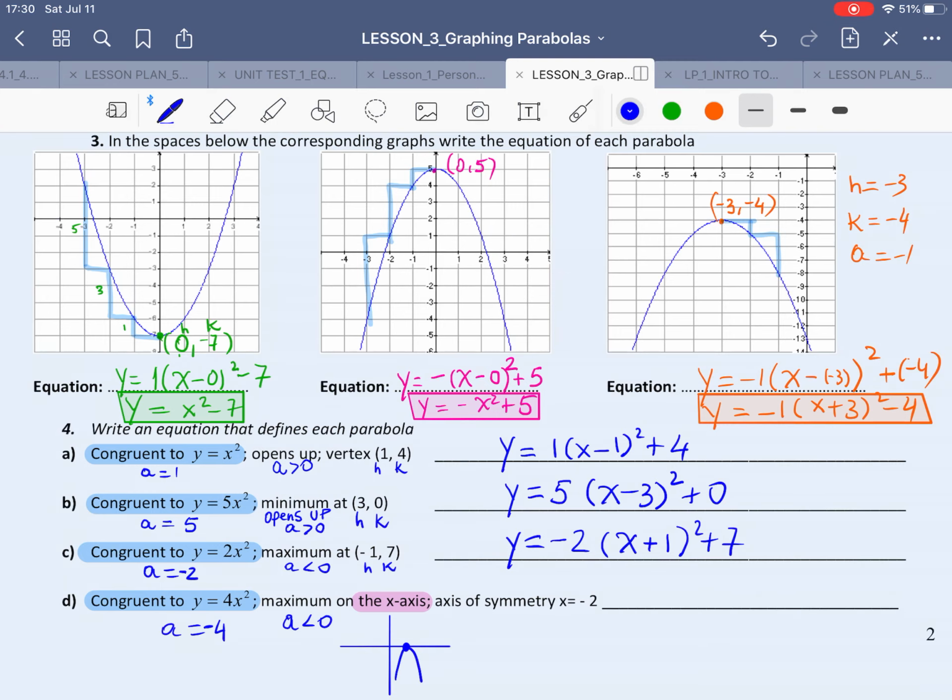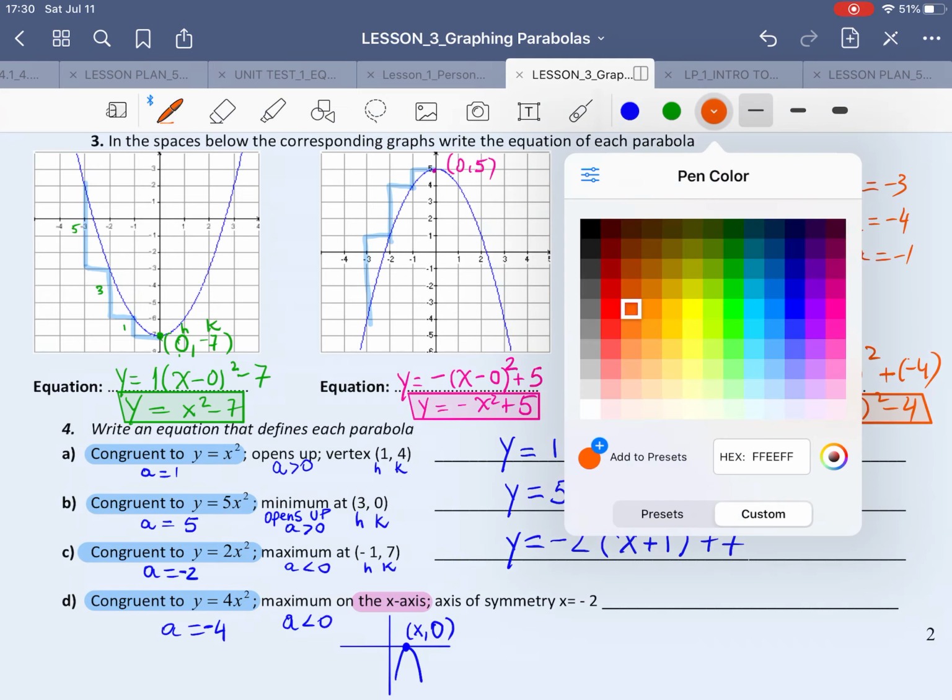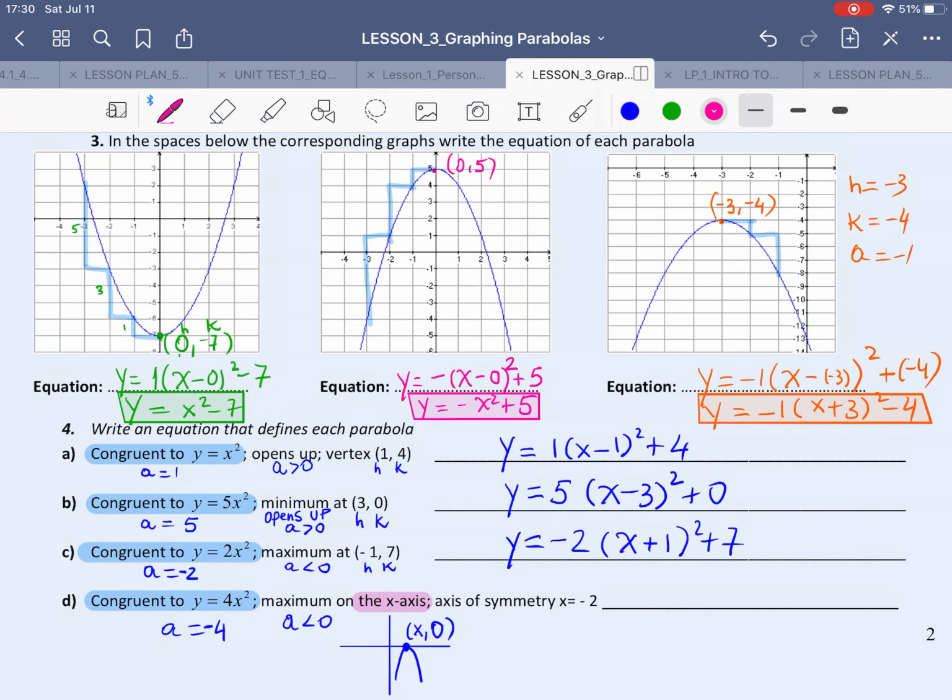Can you tell me the coordinates, or think about what the coordinates of this point here will be? So you will have some x value, right? But the y value you will know for sure. The y value will be 0. So with this piece of information, they are telling us that the y value at the vertex, or the coefficient k, will equal 0.